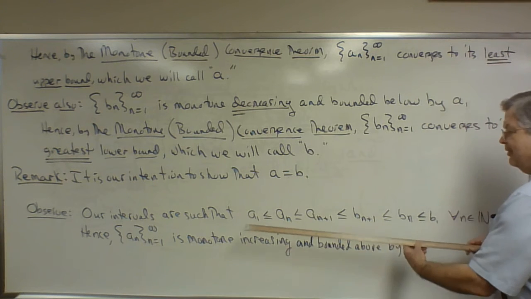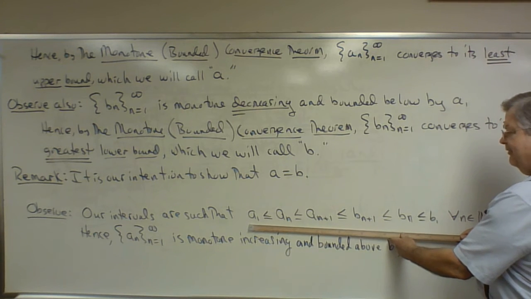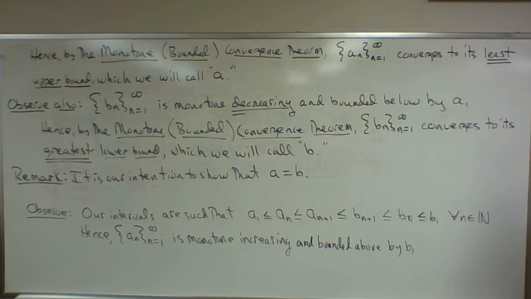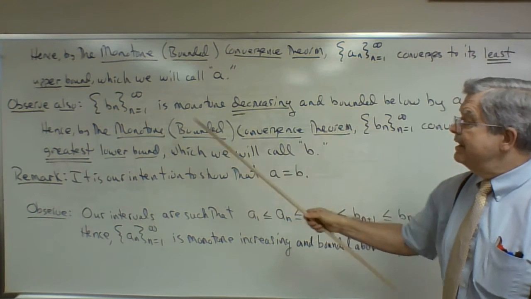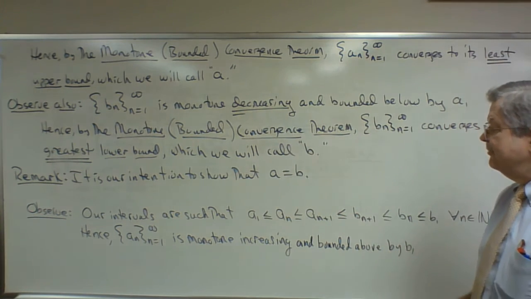Now let's go back to our string of inequalities here for a minute and notice that each term, b sub n plus 1, is less than or equal to its predecessor, b sub n. So the sequence of right endpoints, b sub n, is monotone decreasing.